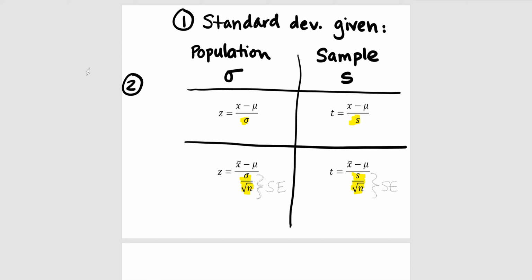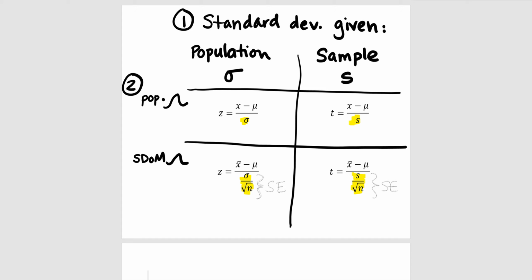So if we're talking about standard error, then we know we have to be talking about the SDOM, because the SDOM is the only thing that has a standard error. So this second question, am I doing a top version or bottom version? This is where it matters which distribution you're comparing to. So this top distribution is going to be the population distribution. The bottom one is going to be our SDOM.